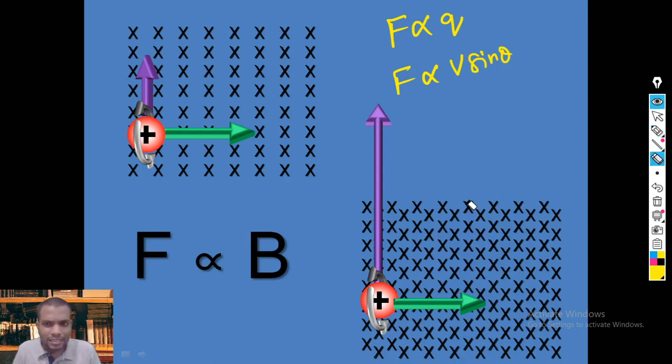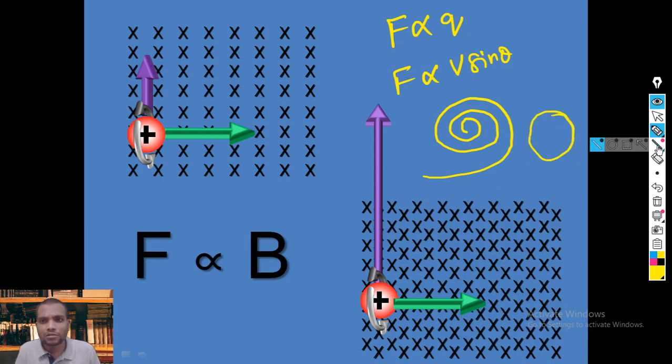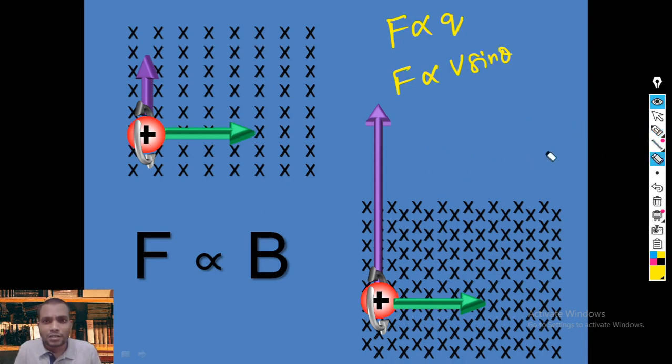The reason is that the charged particle moves in spiral tracks. If it is moving in spiral tracks, only one component is responsible, which we can understand from the centripetal force. So the force is directly proportional to velocity, but that velocity component is v sin theta.